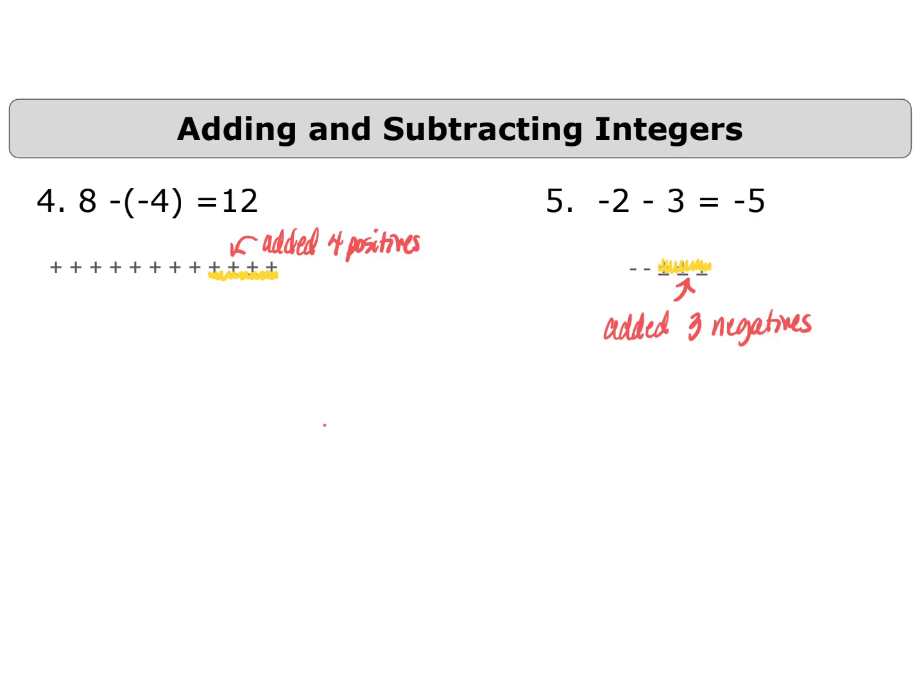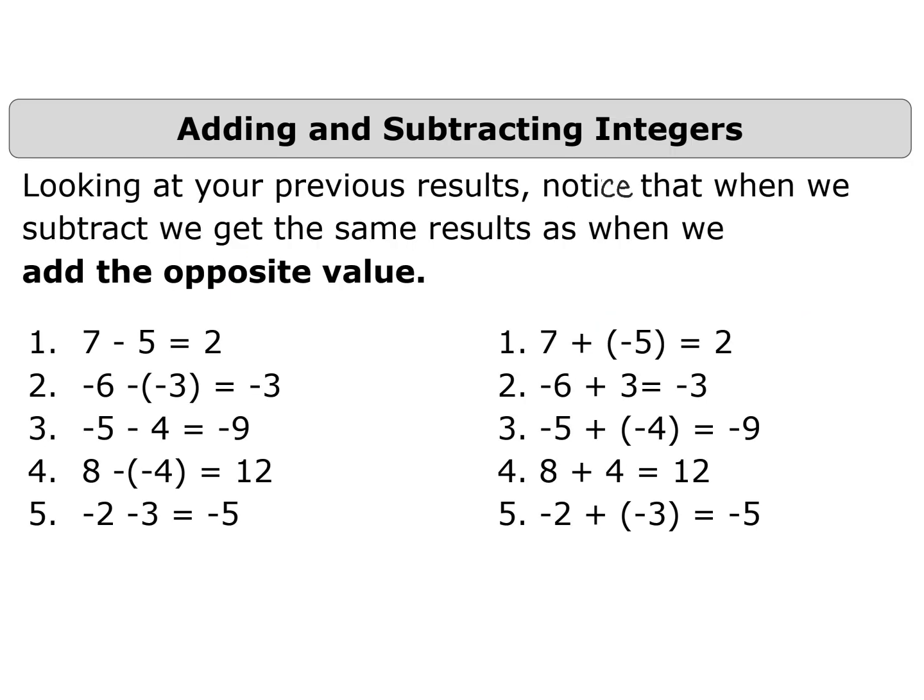So another way that we can think about subtracting integers is that we are really adding the opposite. We could rewrite all of our subtraction problems as addition problems by adding the opposite. So notice that when we do that, we get the same result.